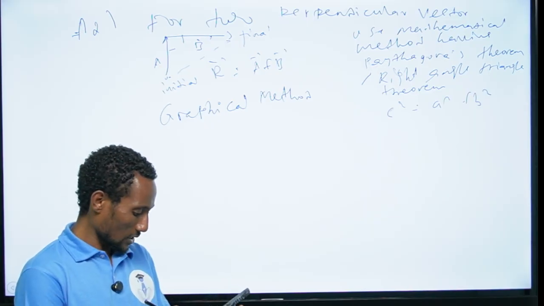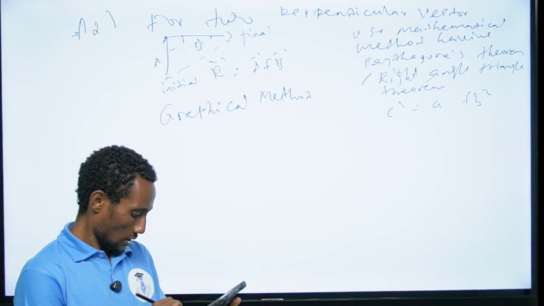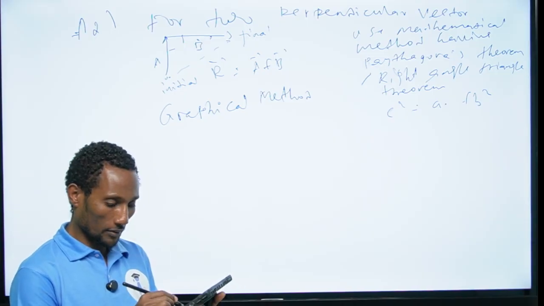In mathematics, we call it c squared is equal to a square plus b square.